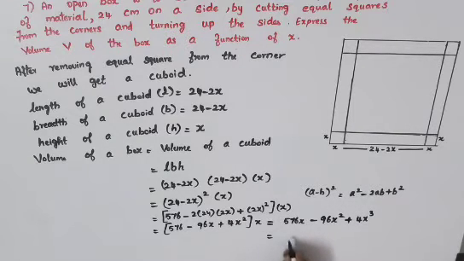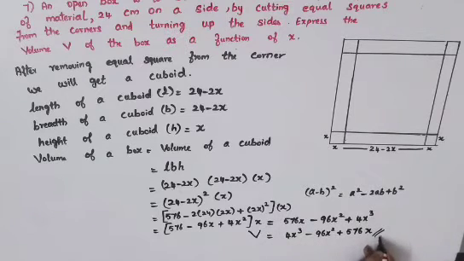You can write it in order: 4x cube minus 96x square plus 576x. Volume is equal to this answer. Therefore this is the answer for your 7th question.